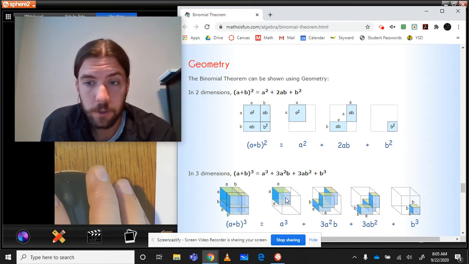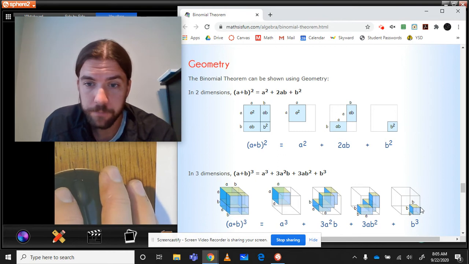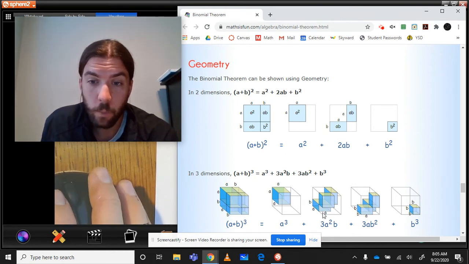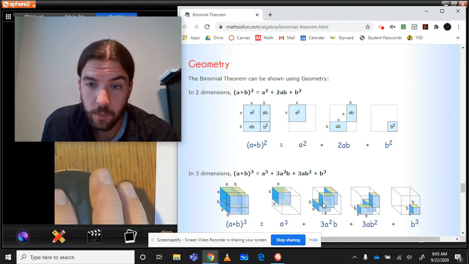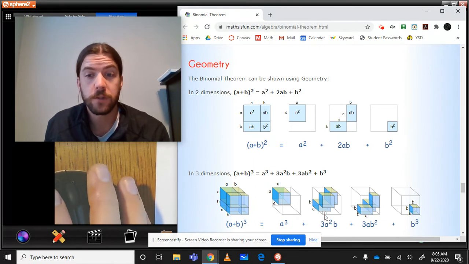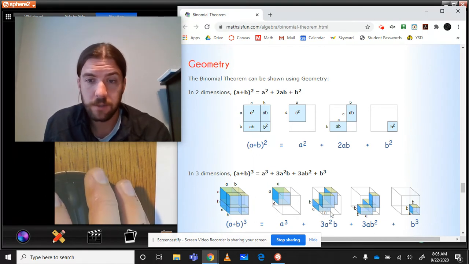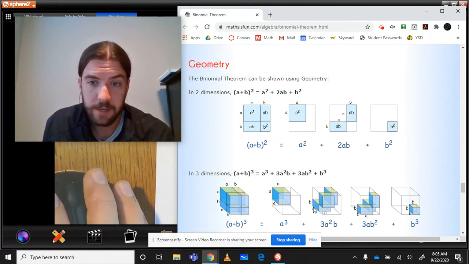You get 1 A cubed, you get 1 B cubed, and you get 3 different ways to make a square, so this large square in the front, multiplied by B, so it can be in that orientation. I'm going to read this out as right to left, front to back, and down to up.